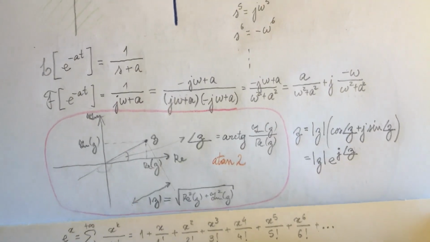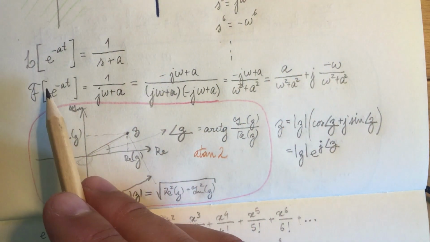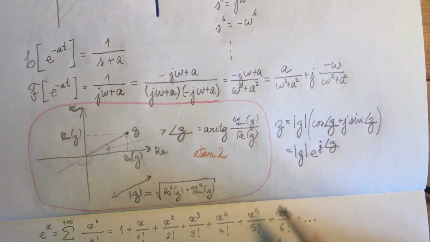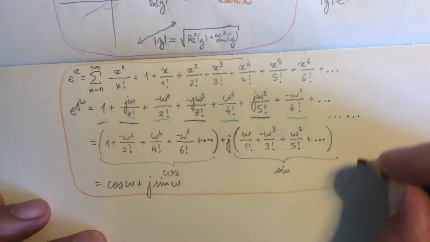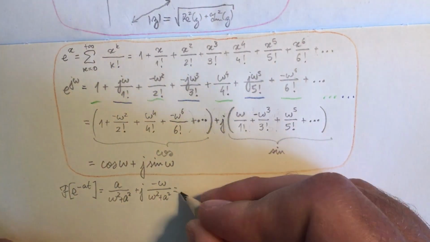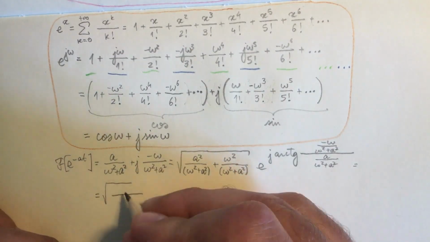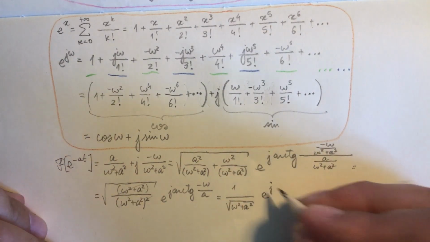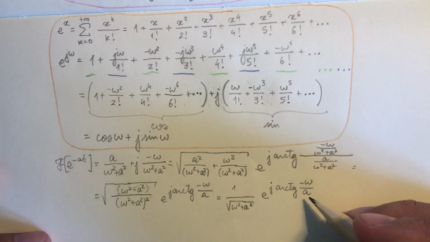Now that we know this, we can rewrite this Fourier transform that has this real part and this imaginary part in trigonometric form using these expressions. Notice that the imaginary part is negative and the real part is positive.